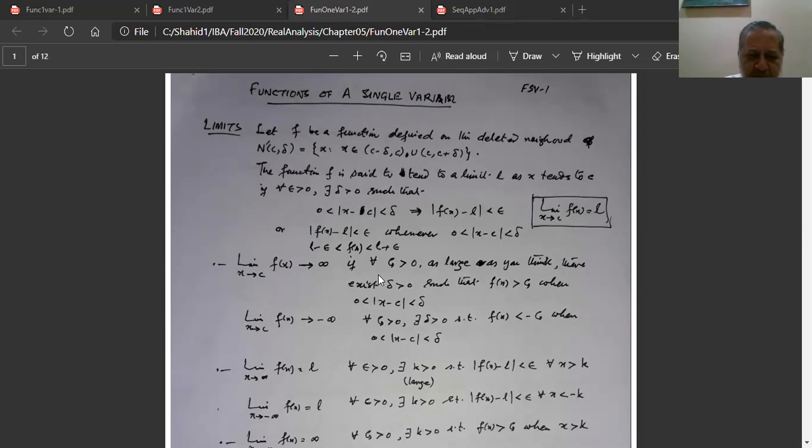So in our formal language, this will be expressed that for every number g positive as large as you think, there exists a delta such that all image values are greater than g when x is in the deleted neighborhood of c.